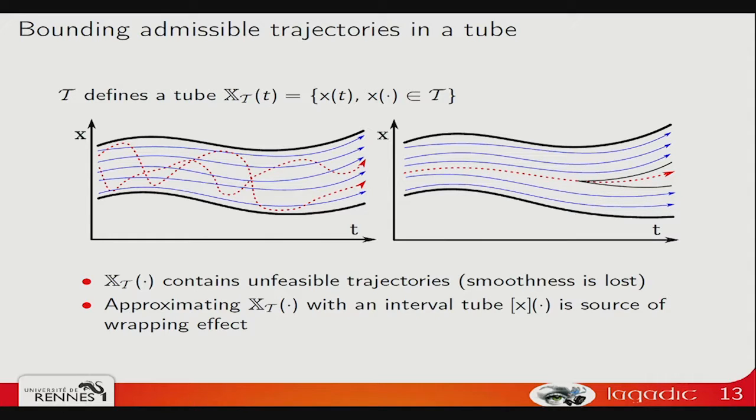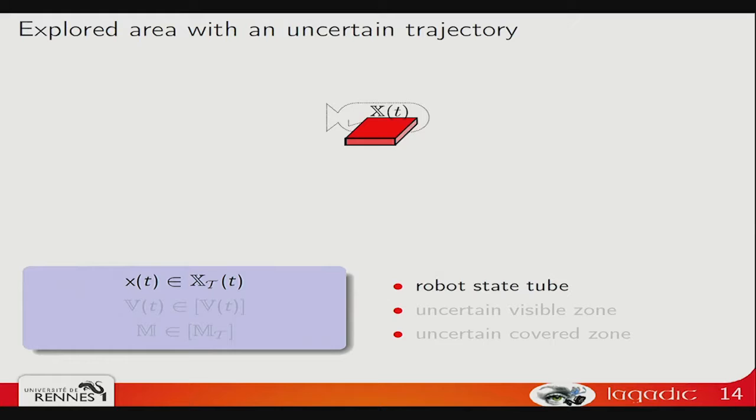For example, if there is a branch, it's not an interval anymore, it's a union of intervals. So you also have pessimism due to approximating the feasible state at a given time by an interval. So that's what we have at a given time: a set of feasible states.